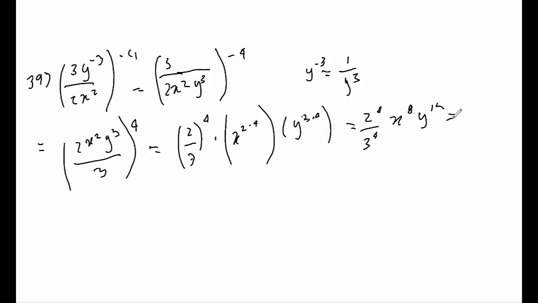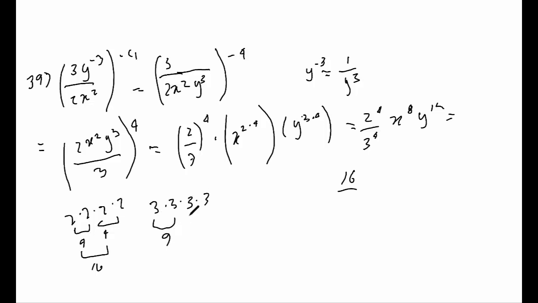Well, 2 to the 4th is 2 times 2 times 2 times 2, so that's 4, so that's 16, so I'm going to get here 16 on top, and then on the bottom I'll do 3 times 3 times 3 times 3, so here 3 times 3 is 9, 3 times 3 is 9, and 9 times 9 is 81.